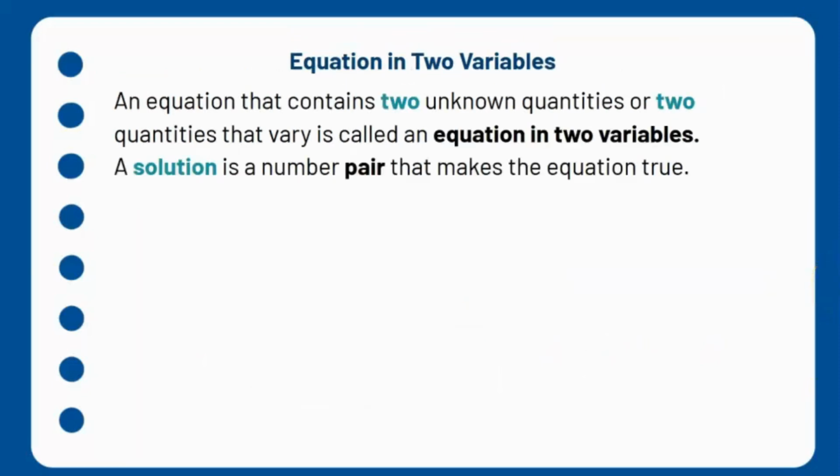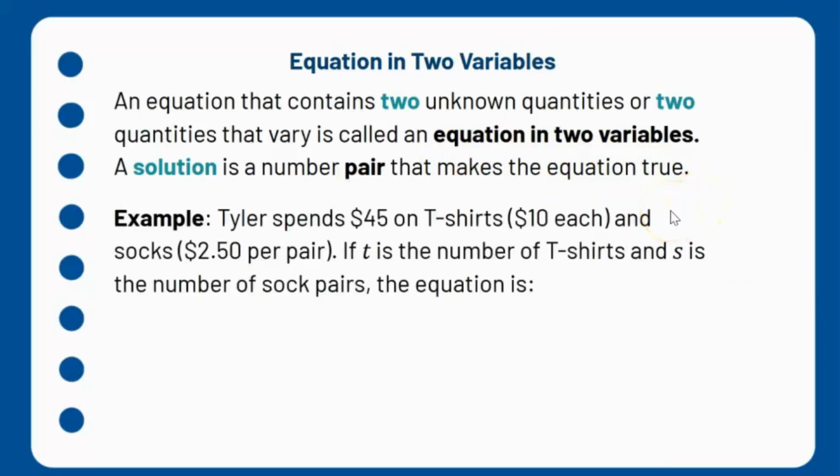When we evaluate an equation in two variables, we are still trying to make the equation true. An equation that contains two unknown quantities or two quantities that vary is called an equation in two variables. A solution is a number pair that makes the equation true. Let's use this example. Tyler spends $45 on t-shirts, $10 each, and socks, $2.50 per pair.